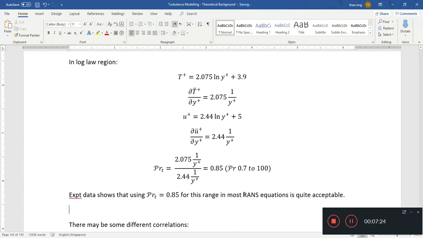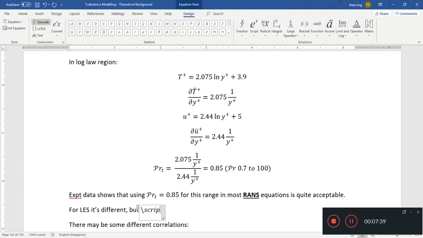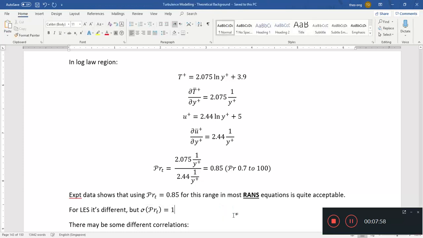This is for RANS equations only, so Reynolds-averaged Navier-Stokes. Not for LES. LES has something slightly different. For LES it's different, but the order of magnitude of the Prandtl number is around 1 regardless.